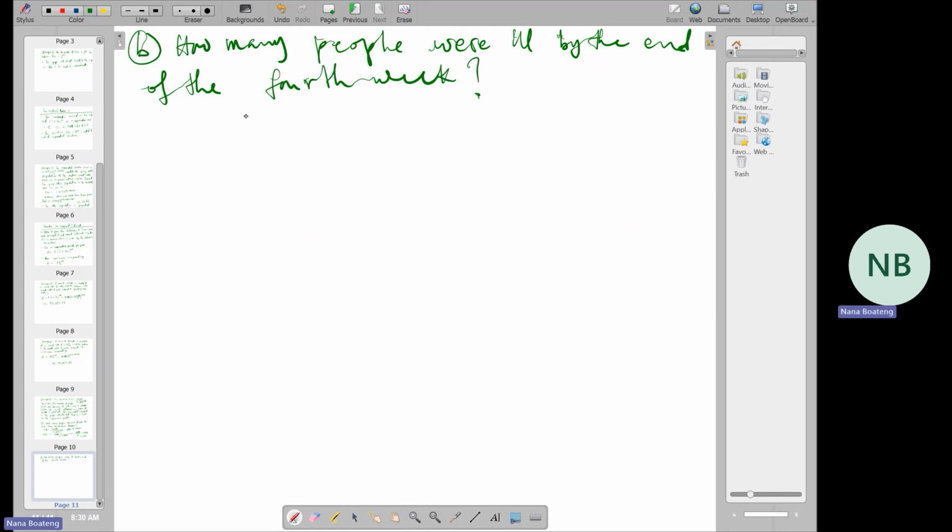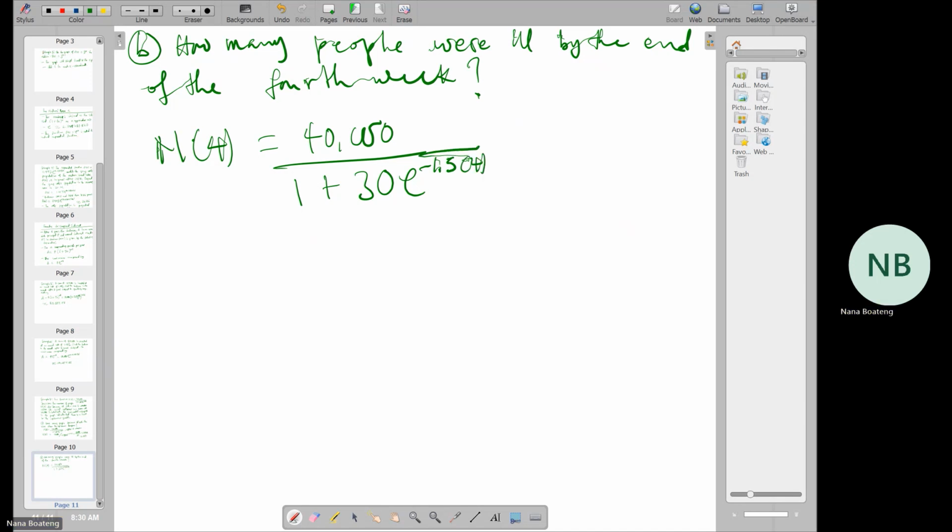So by the end of the 4th week, t is equal to 4. So we'll be finding N of 4, which is equal to 40,000 divided by 1 plus 30 e to the power minus 1.5 times 4.